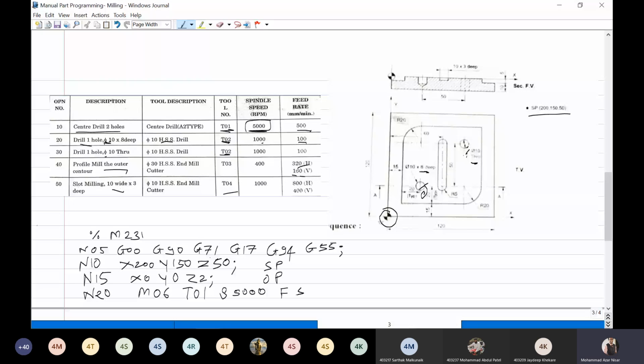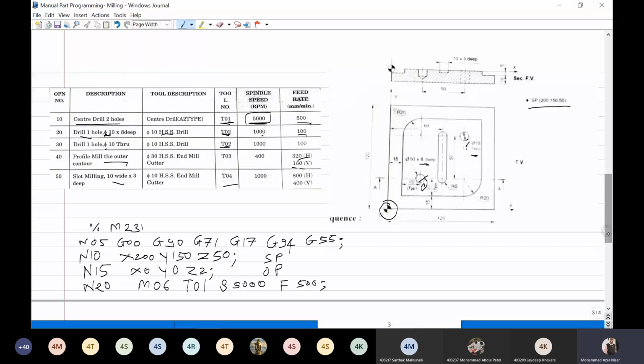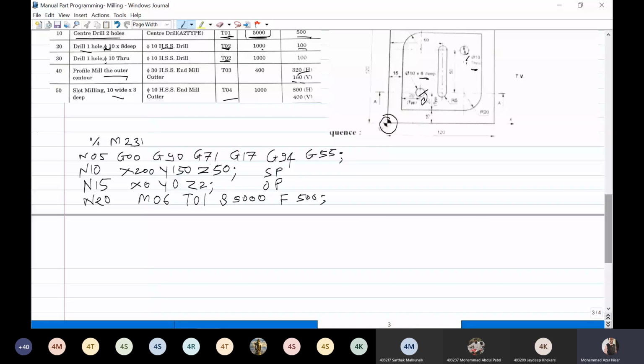Okay, so you have moved your tool to this initial position, that is this origin position, X0, Y0 and Z2, and you change the tool. This should be N25, I will use this N25.